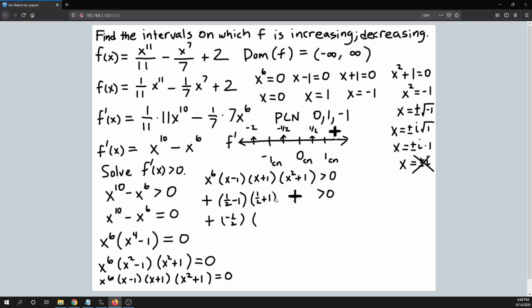A half plus 1 is going to be 3 halves. All right, and so what I have is 3 positive numbers and 1 negative number. When I multiply all that together, the number that I will get will be a negative number, right? Because a positive times a positive times a positive is going to be positive, and then a positive times this last negative will switch it to negative.